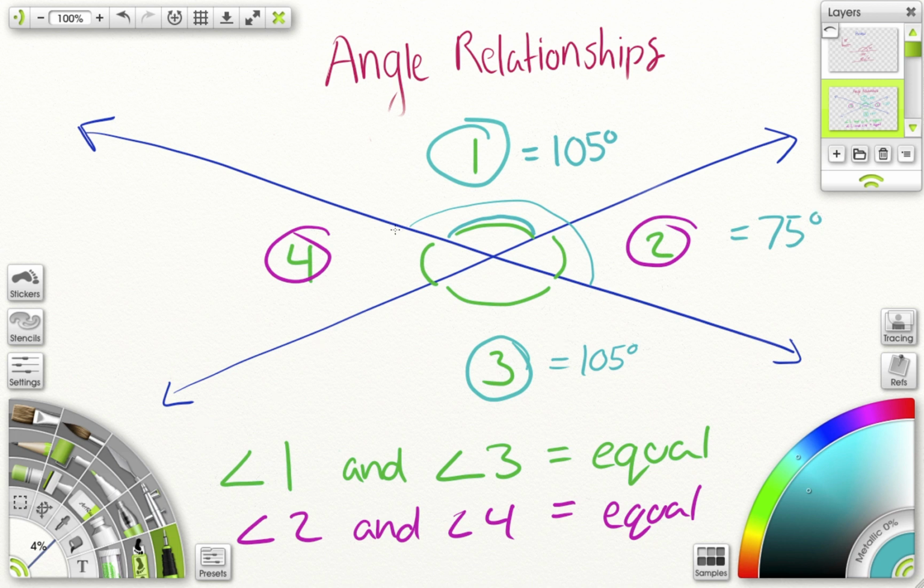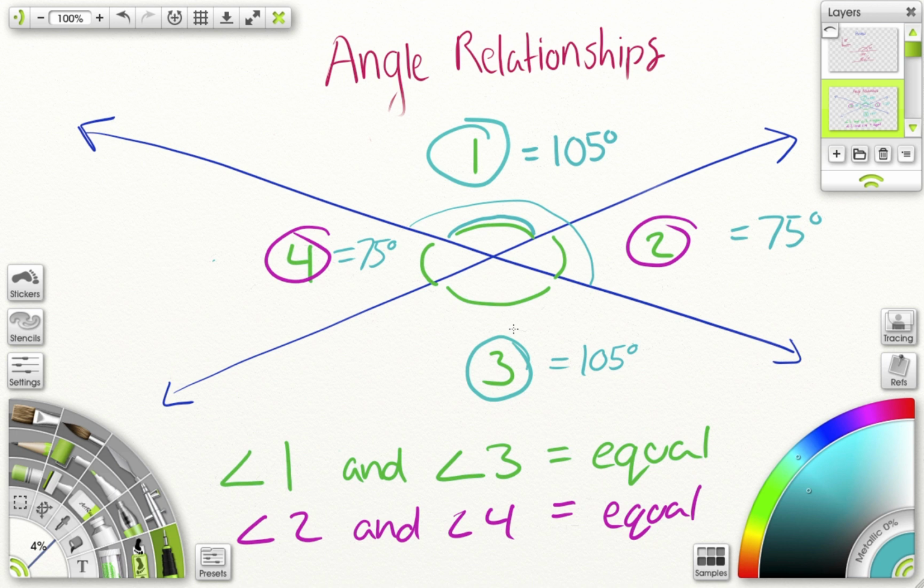Well, I can do the same thing I did with angles 1 and 2. I can figure out what it is by doing 180 minus 105, or I can see that angles 2 and 4 are equal. So that means 4 must equal 75 degrees. Okay, you see what's going on? 1 and 3 are equal, 2 and 4 are equal.